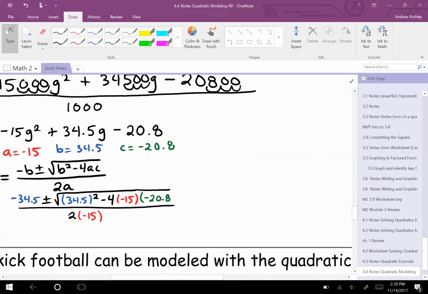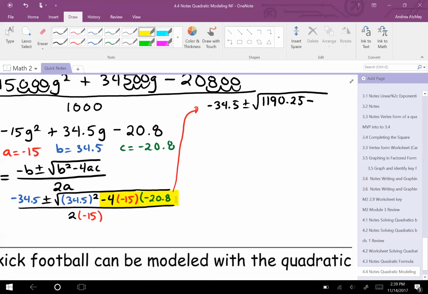Copy down if you haven't already. Okay, I'm going to move this up here. So that's going to give me negative 34.5 plus or minus the square root of some big numbers. This is 1190.25. Okay, let's check. Is that a negative or a positive? 3 negatives stay negative.